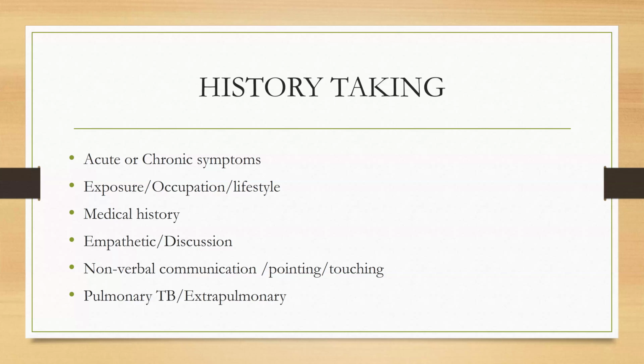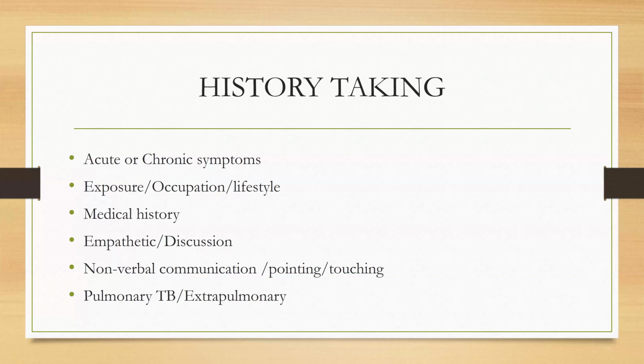So you need to explore, is this patient before you, have they had an opportunity to get exposed to TB? And related to that, it's important to understand the occupation of the client that you are attending to, because some occupations can put you in circumstances where you are likely to be exposed to TB.